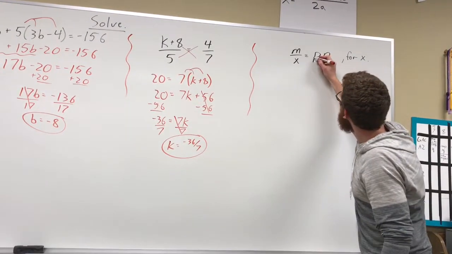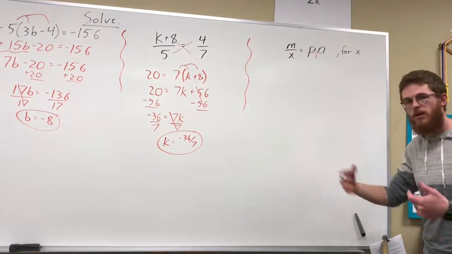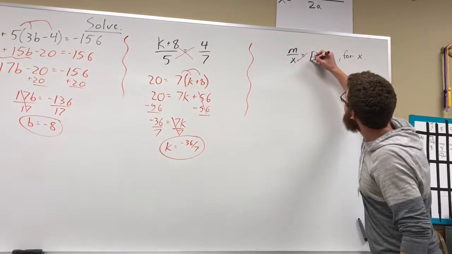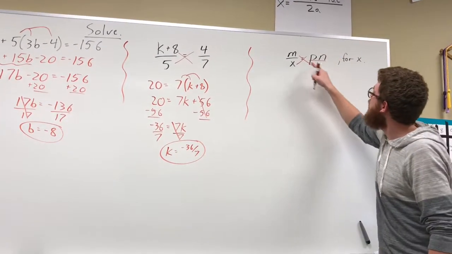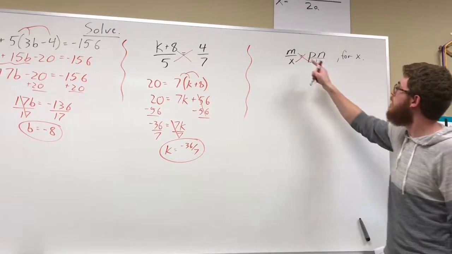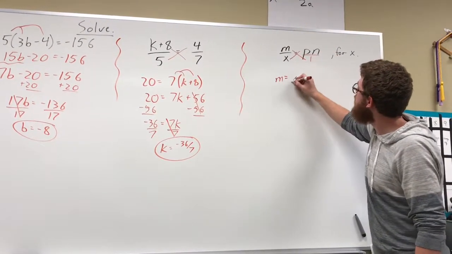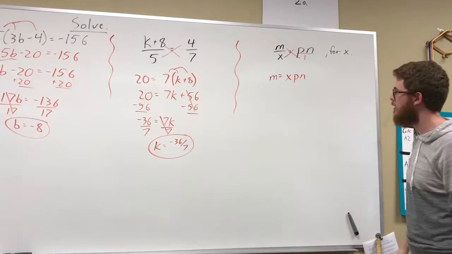I can see that I can write this other side as Pn over 1. We can write anything as being over 1. And once again, I could use my cross multiplication. I could do x times Pn and 1 times m. 1 times m is m, and x times Pn is xPn. Everything's just being multiplied together.